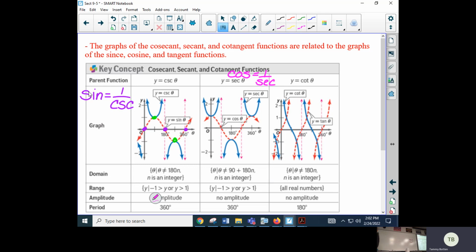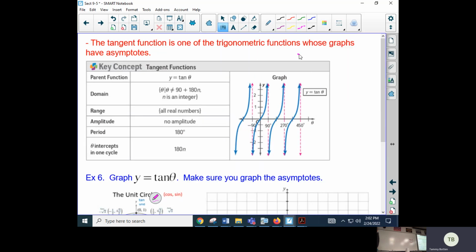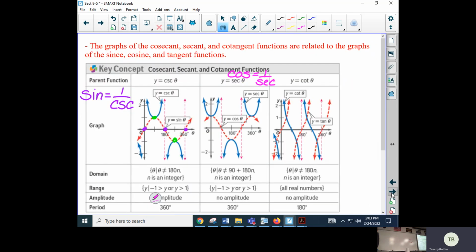And then cotangent, do you guys remember how tangent had its asymptotes at -90, 90, 270, and so on? And the tangent also started down low and came up high, okay? Cotangent, the asymptotes, instead of being at -90 and 90, are at 0 and 180.